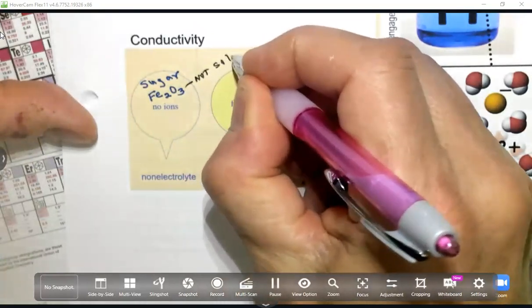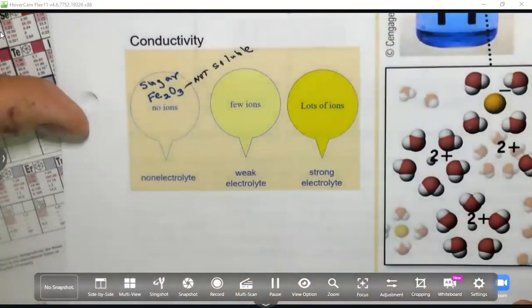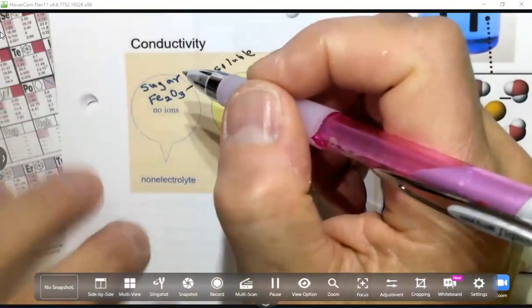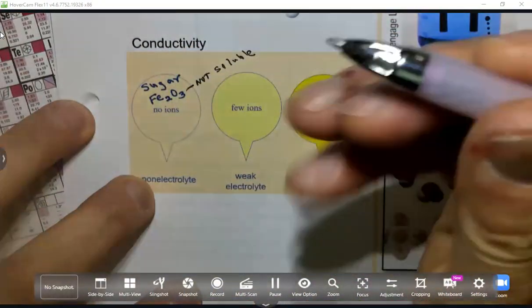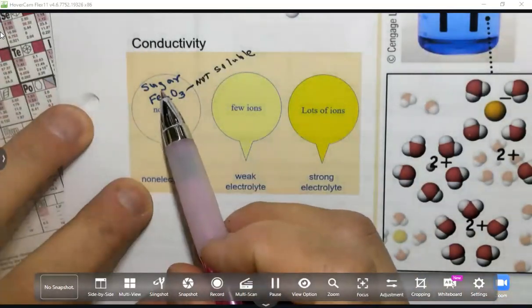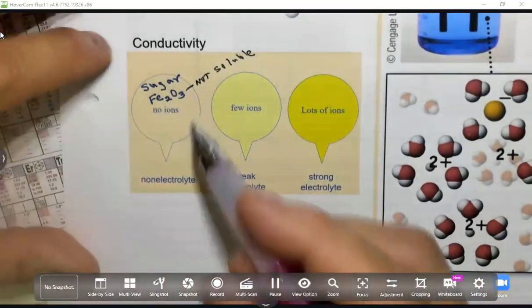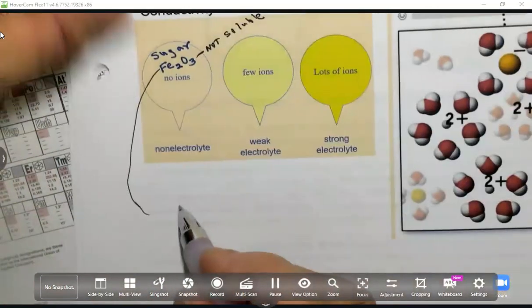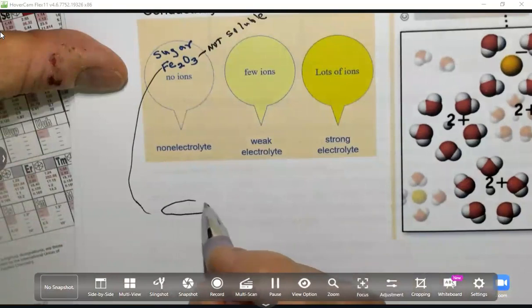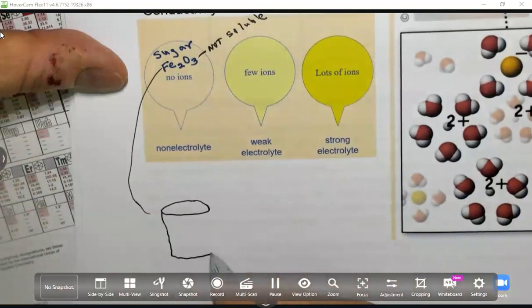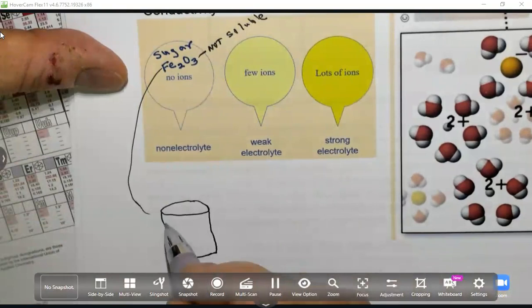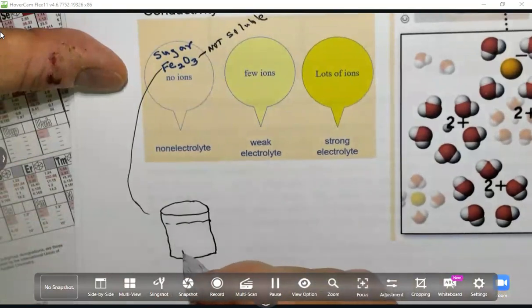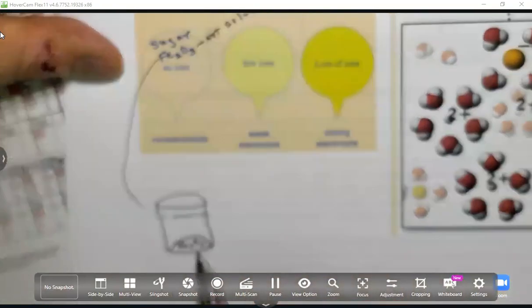Now, what do we mean by that? So this sugar is going to dissolve though, right? This sugar is going to dissolve. You're going to see a beaker in lab of iron oxide, and it just is a gross mess. It is a solution, but basically the iron oxide is pretty much sitting on the bottom.